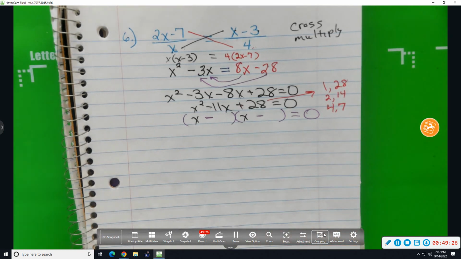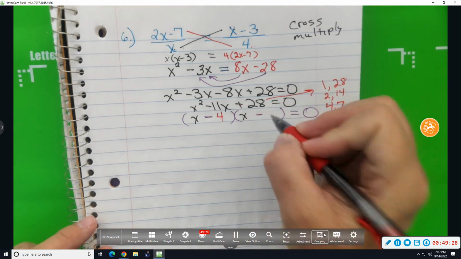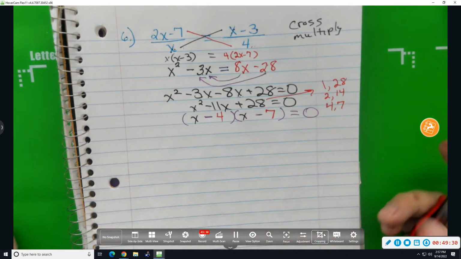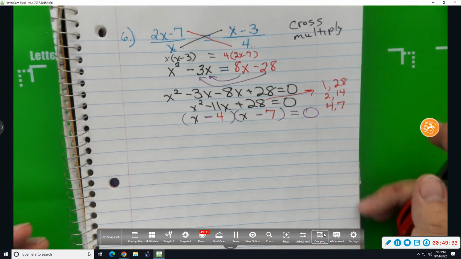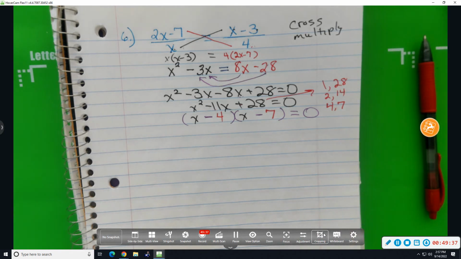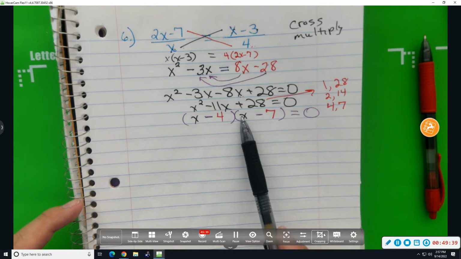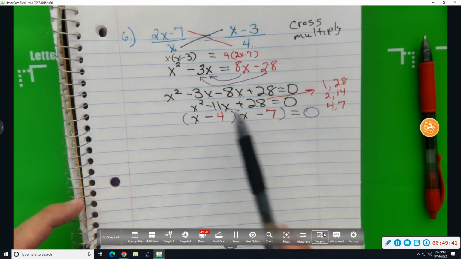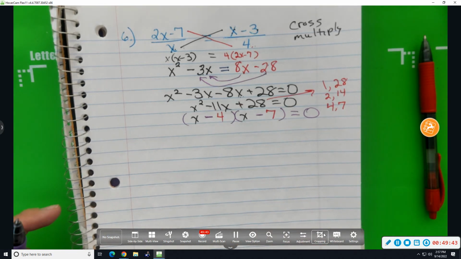So, I agree, 4 and 7. Do you agree there, or do you want me to do the inner and outer to check it? That's going to give me a negative 4x minus 7x, which gives me a negative 11x. Agreed?